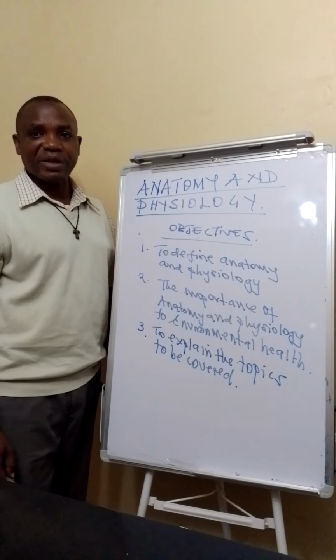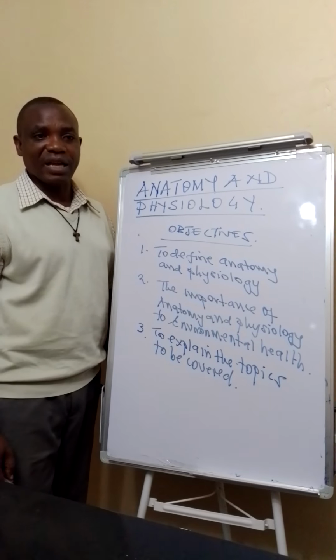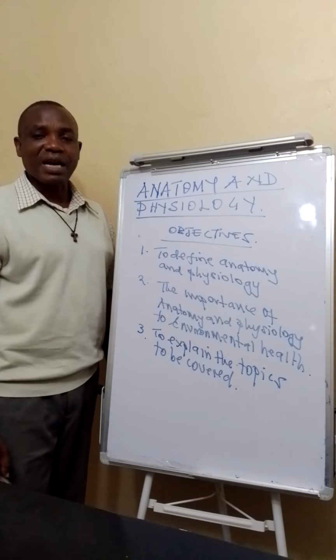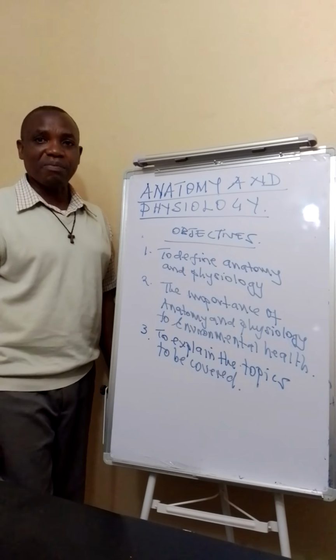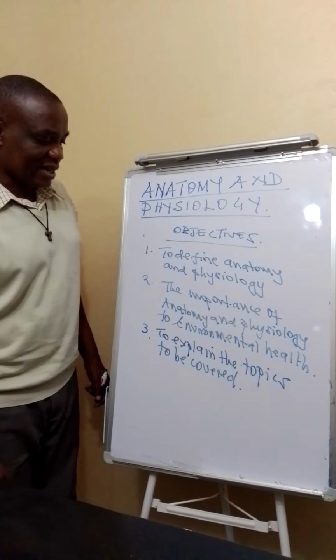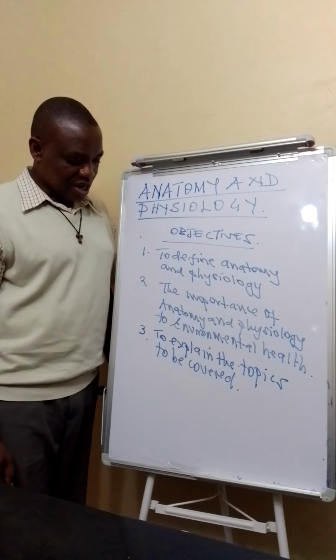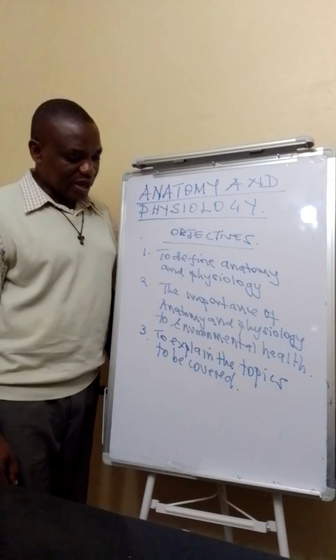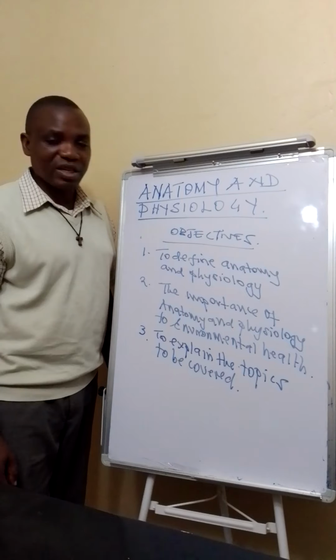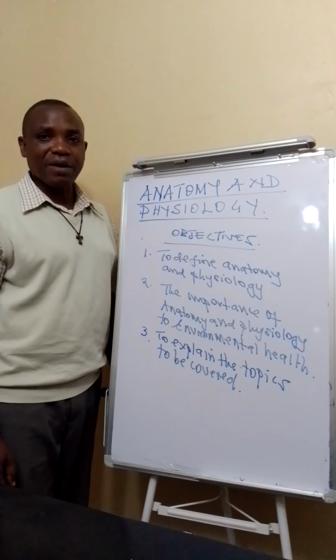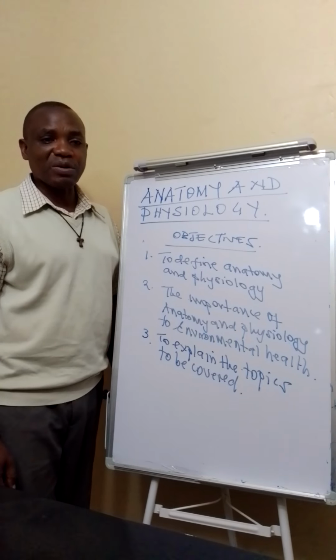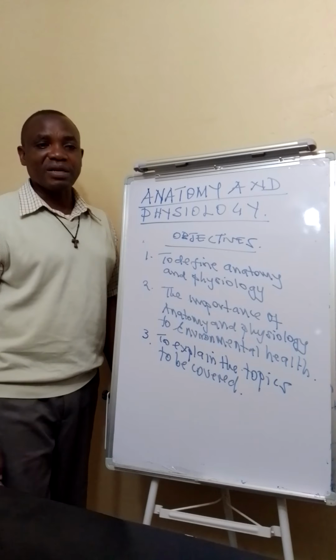Because you know that the environment has different types of stimuli, and how are these stimuli affecting our body functions and anatomy. So that is how we are going to look at it. And even as we study the various topics, we are going to relate them to our environment.